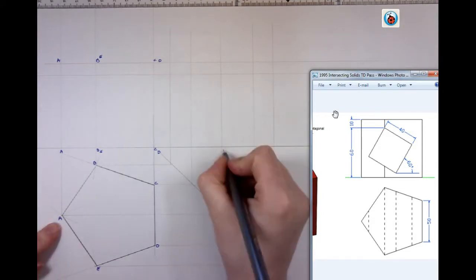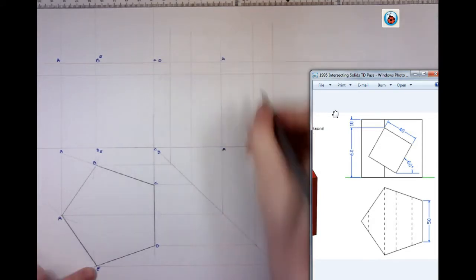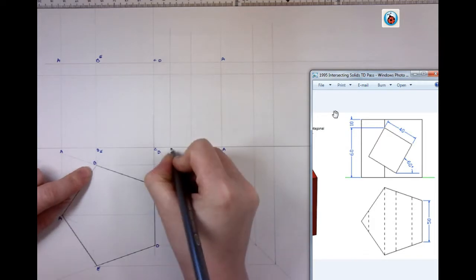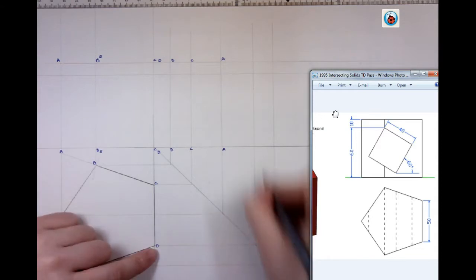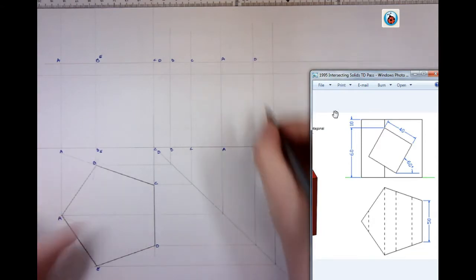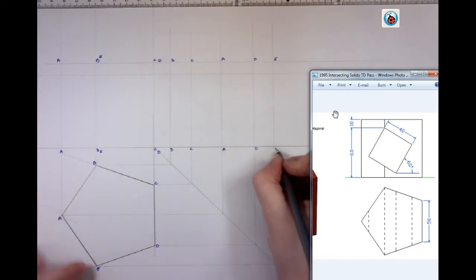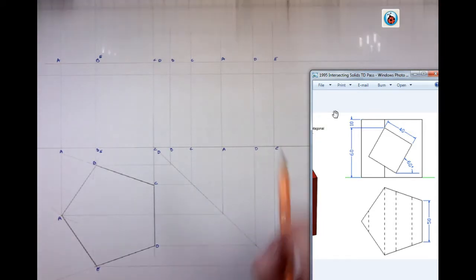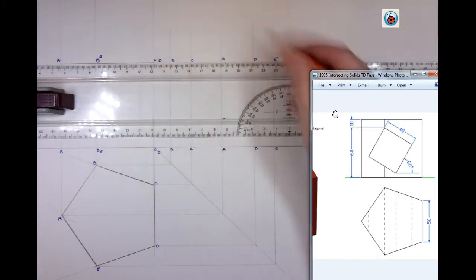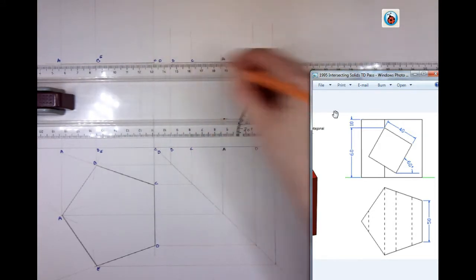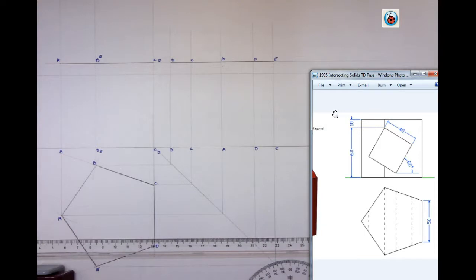So A, B, C, D, and E. And just to darken it a few little bits. So that's my pentagon prism.